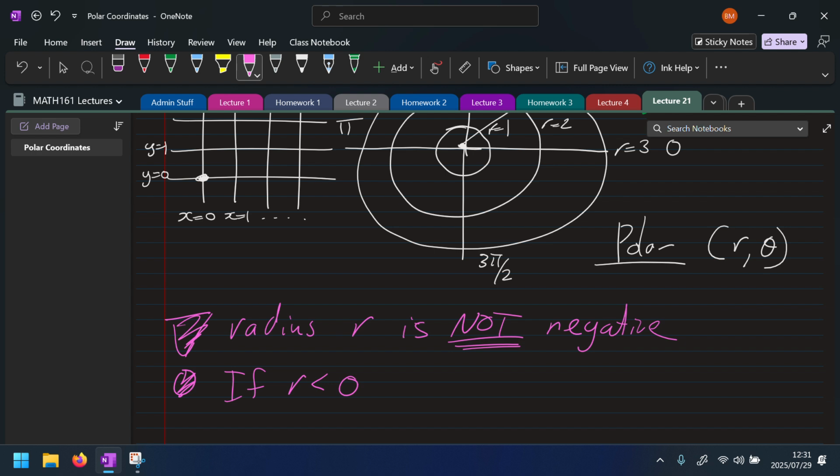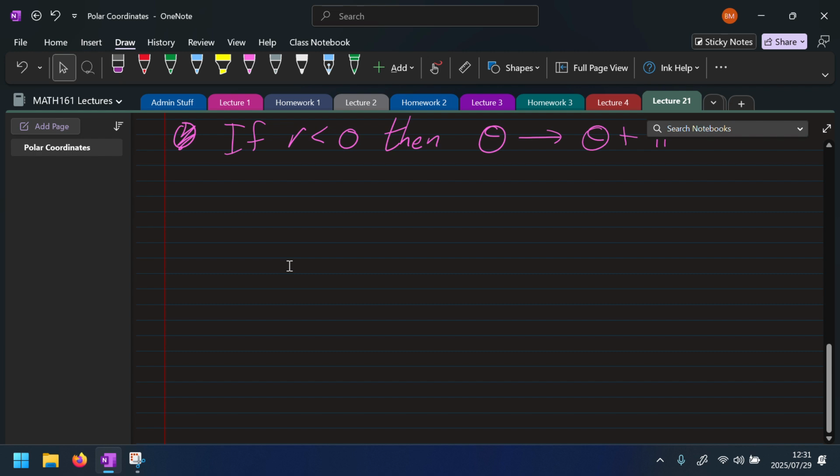So you take the positive r and add pi to the angle. That's the rule that we use for having a negative radius. Then your angle becomes whatever it was plus pi. Now, adding pi is a 180 flip. So you can think of this as whenever the radius is negative, you do a 180 flip on that. So we'll do an example.